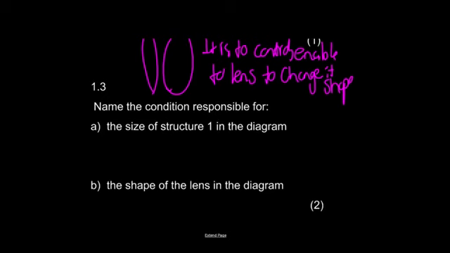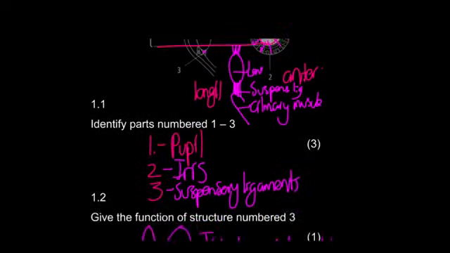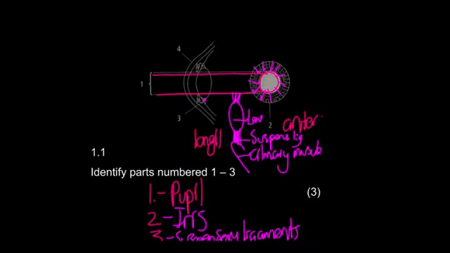Okay, name the condition responsible for. Number A, the condition. We're getting to these ones, but as I say, they're relating. All the things relate to the structure of the eye. The size of structure 1. Now, if you don't know what number 1 is, you're a bit stuck for the question. Number 1 was the pupil.